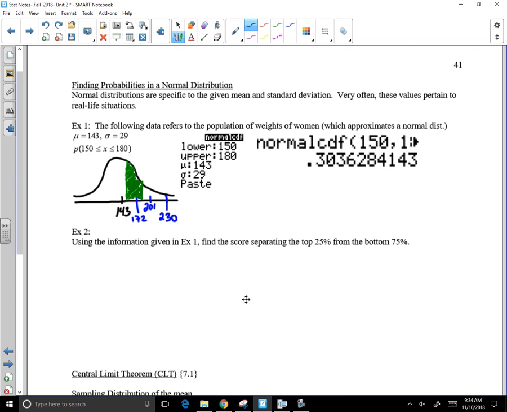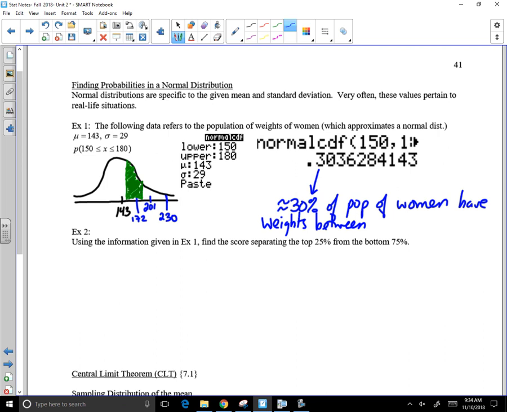Now that 0.303, if you want to evaluate it in context, it means, and I'll just approximate it, about 30% of the population of women have weights between 150 and 180.